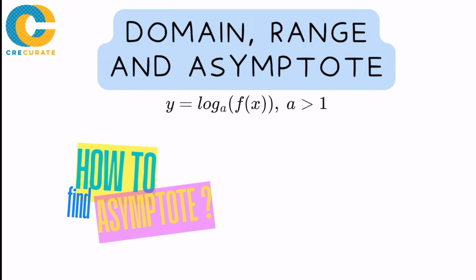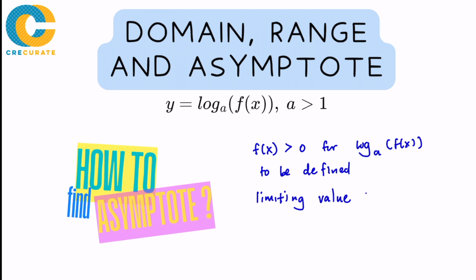And lastly, how do we find the asymptote? Now, the asymptote is closely related to the domain. We know that for the domain, we solve f(x) more than 0 in order for it to be defined, which means the limiting value is when f(x) equals 0. An asymptote is an imaginary line that the graph tends towards but never actually cuts.